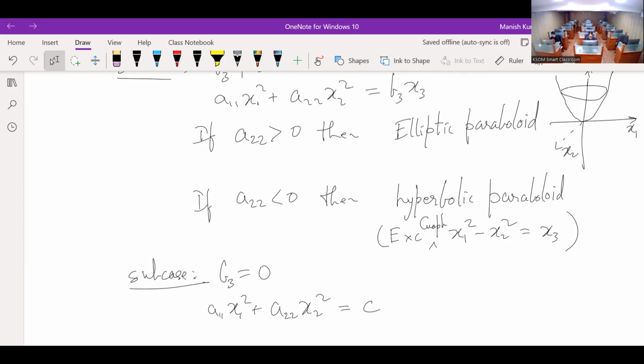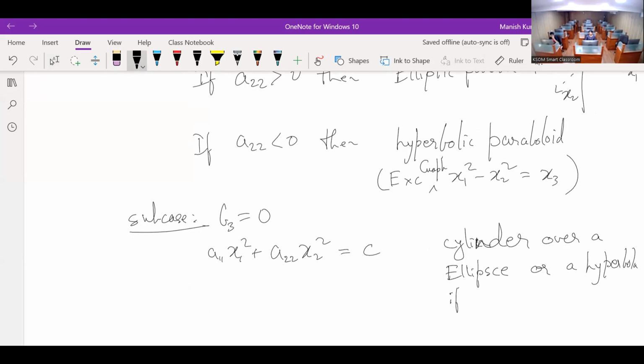If this is non-degenerate, then this will be a cylinder over an ellipse or a hyperbola. So it will be a cylinder over an ellipse if A22 is positive, and a cylinder over a hyperbola if A22 is negative. And we are assuming that C is positive, so we can assume this is 1.